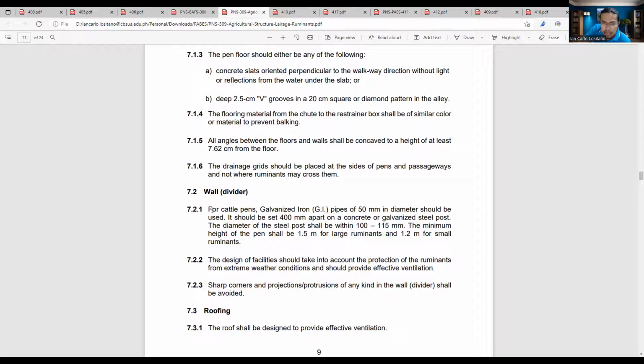For cattle, GI pipes in diameter should be used for the pens, for the posts. The minimum height for large ruminants is 1.5 meters, while 1.2 meters for small ruminants.